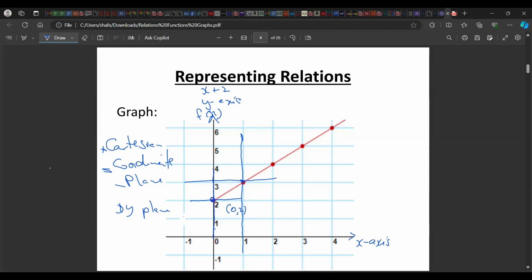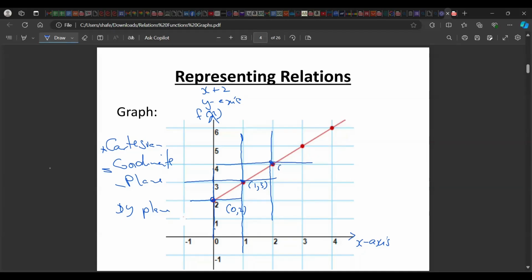And you notice the 2 intersect. So this point is the point 1, 3. And the same reasoning: anywhere along this line is x equal 2, anywhere along this line is y equal 4, where the 2 meet up together.